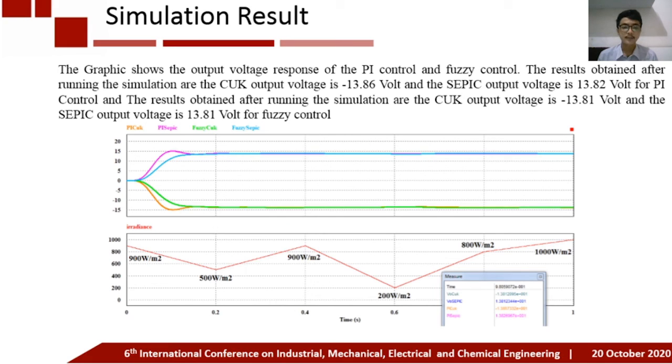And the result obtained after running the simulation are the CUK output voltage is negative 13.81 volt and the Sepic output voltage is 13.81 volt for fuzzy control. With change in irradiance from 900, 500, 900, 200, 800, and 1000, the converter output voltage remains stable and returns to the set point voltage.